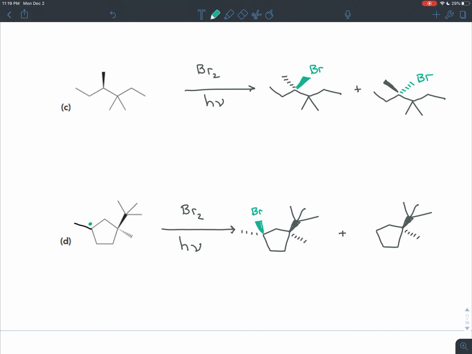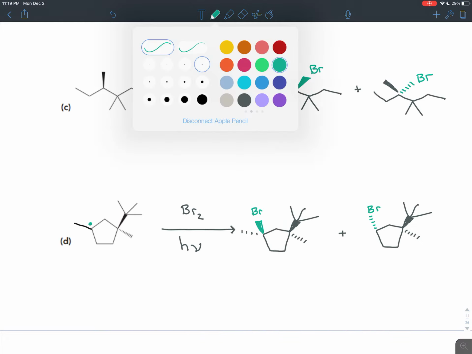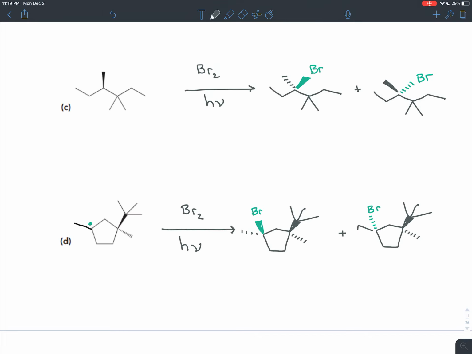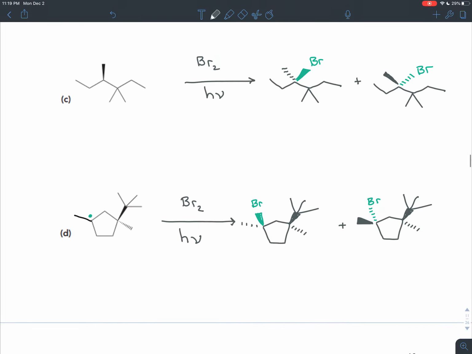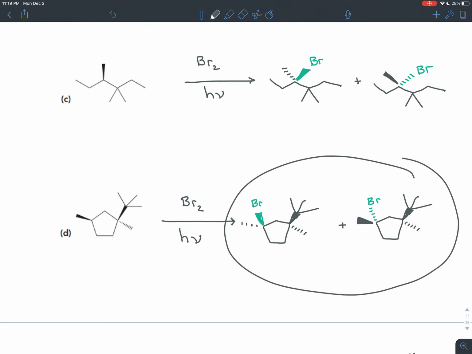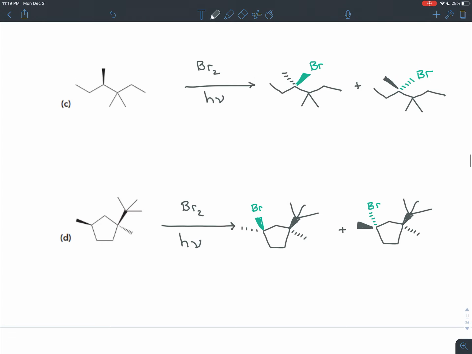It could just as easily, just as often attack from the other side and be going away from us. If it attacked from the back, that would push this methyl group toward us, and that methyl group would now be represented by a solid wedge. And so, if you did a radical bromination with this original alkane, you would end up with a racemic 50-50 mixture of those two enantiomers.